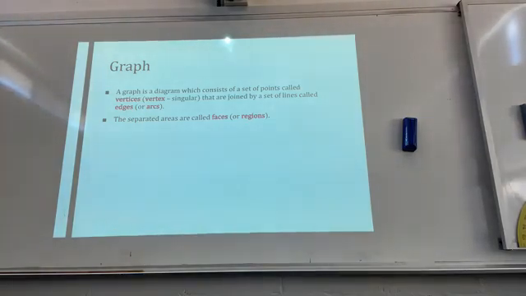So let's have a look. These 4 points are the vertices of a graph. The green lines are the edges or arcs. Normally, I will use the word edges. And then there are 4 vertices, 5 edges, and the rest are called faces.